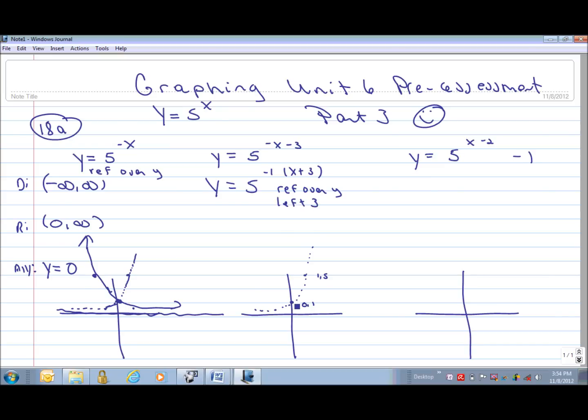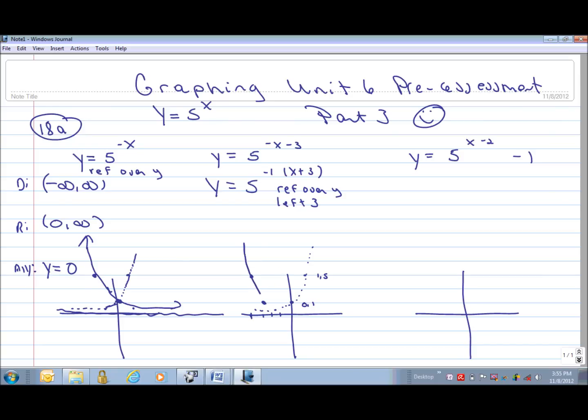We can't reflect over y here, but we could move left 1, 2, 3, and that would put us right here. And here we could reflect over the y, so we're at 1, 5, we would be at -1, 5, and then we would move left 3. That would put us at -4, 5.